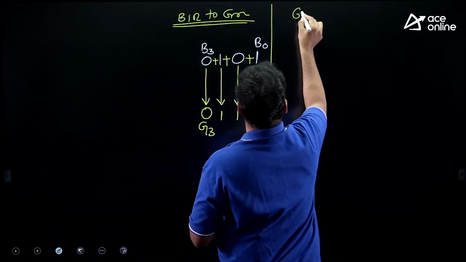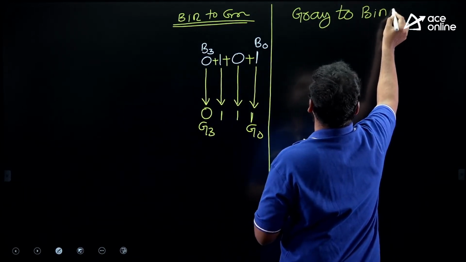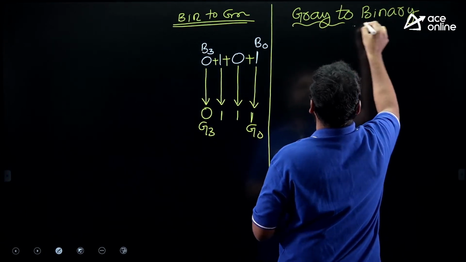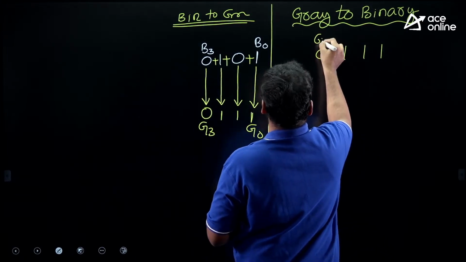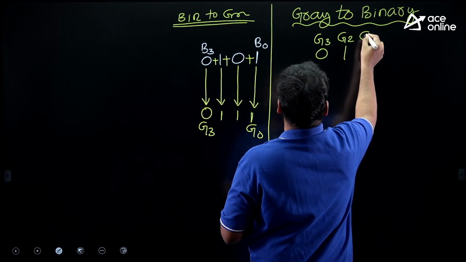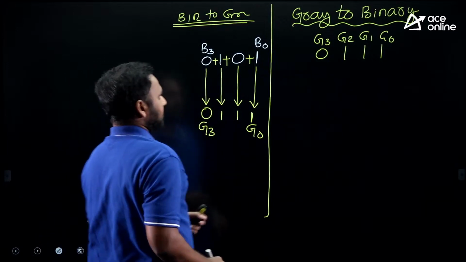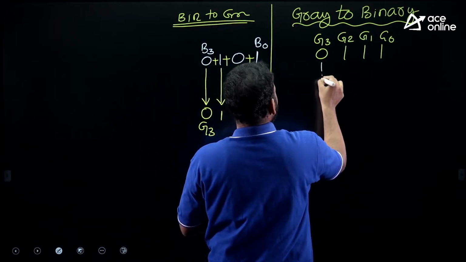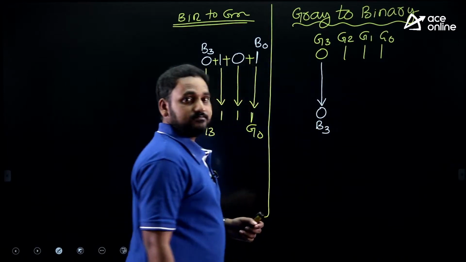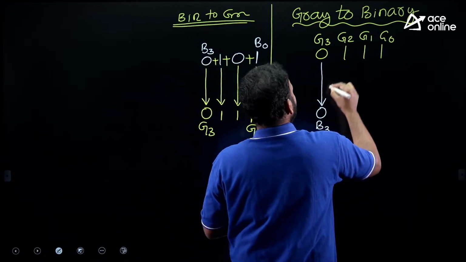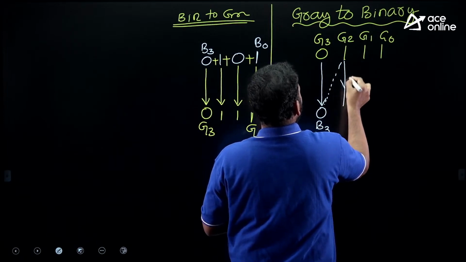Let me explain gray to binary conversion. Let me take 0111. So, it can be G3, G2, G1 and G0. Here also step 1 is the same. Whatever the MSB is in gray, you take it as the MSB in binary, B3, and add the diagonal numbers 0 and 1. And as usual, ignore the carry.